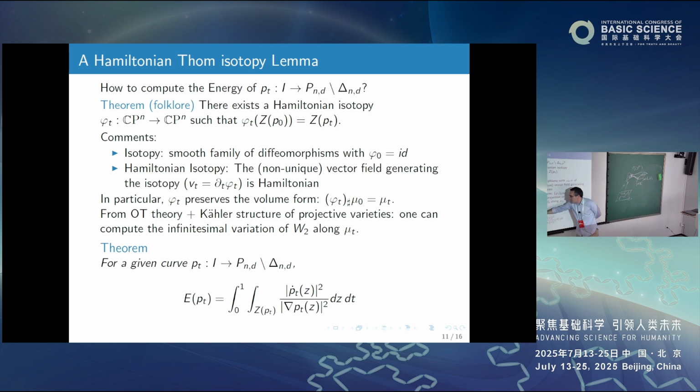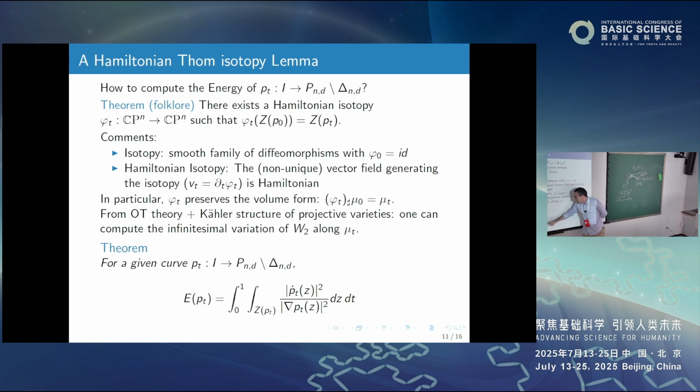So for a given curve Pt, a family of polynomials not going through the discriminant, their energy is computed in this form. Maybe this integral from 0 to 1 is not relevant, because the important part is this one, the metric speed. So let's have a look at what it is.